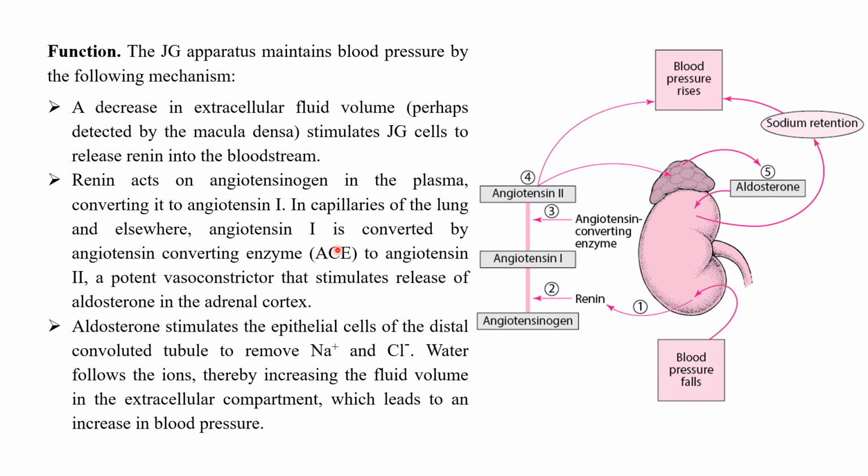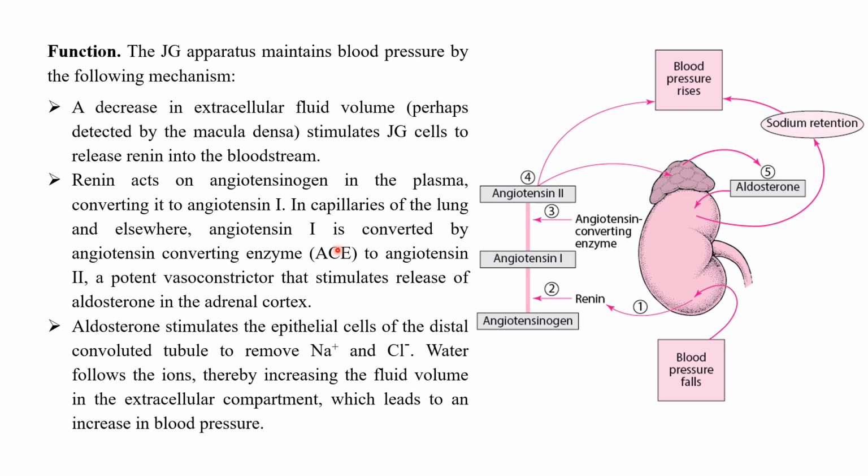We have already studied in the previous slide that the function of the macula densa cell is to detect changes in the osmolarity as well as the fluid concentration of the fluid present in the distal convoluted tubule. That will be sensed by the macula densa cells, and they have a direct connection with the JG cells through gap junctions. Once the signal is transmitted, it stimulates the JG cells to release renin into the bloodstream.